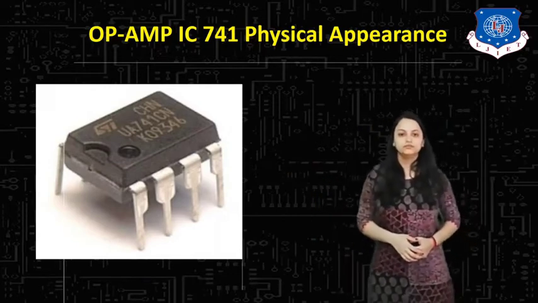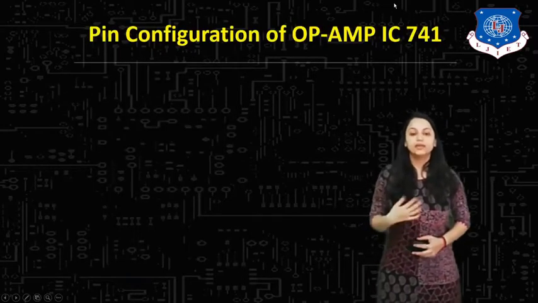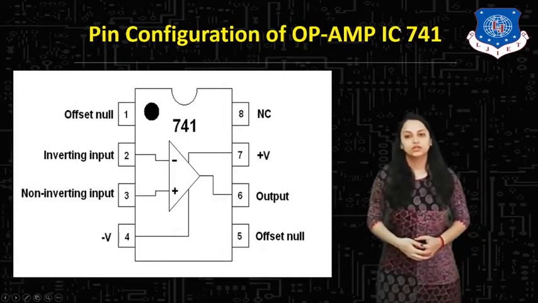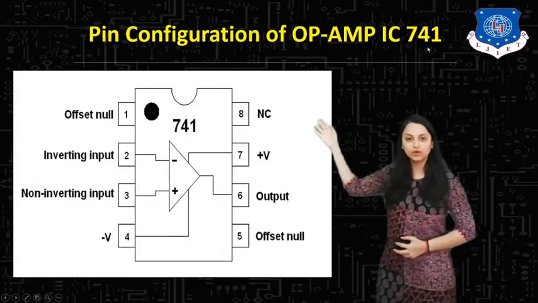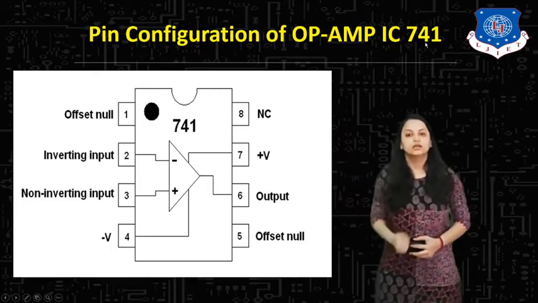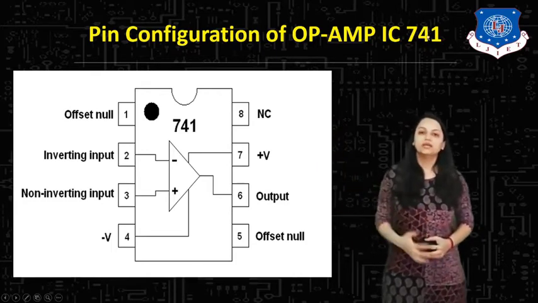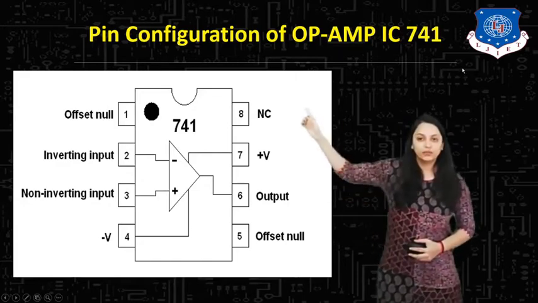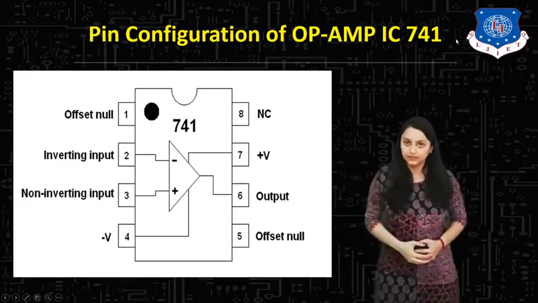Now, next we will see the pin configurations of OPAMP IC741. So this is the pin diagram of IC741. As we have seen, there are total 8 pins in IC741 that is indicated. Pin number 1 is for offset null.